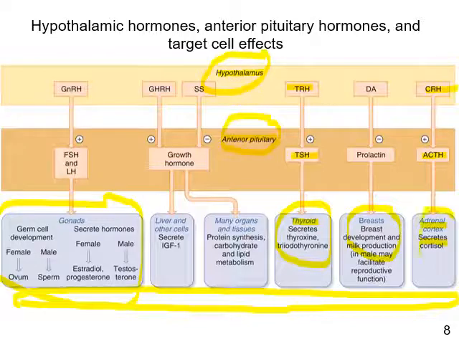And we will talk about the secretion of cortisol from the adrenal cortex. We are not going to focus too much on IGF-1. And this topic about how growth hormone affects many things is too broad to talk about. You should know that growth hormone affects synthesis, carbohydrate metabolism, and lipid metabolism, but we're not going to go into details about how it does that.